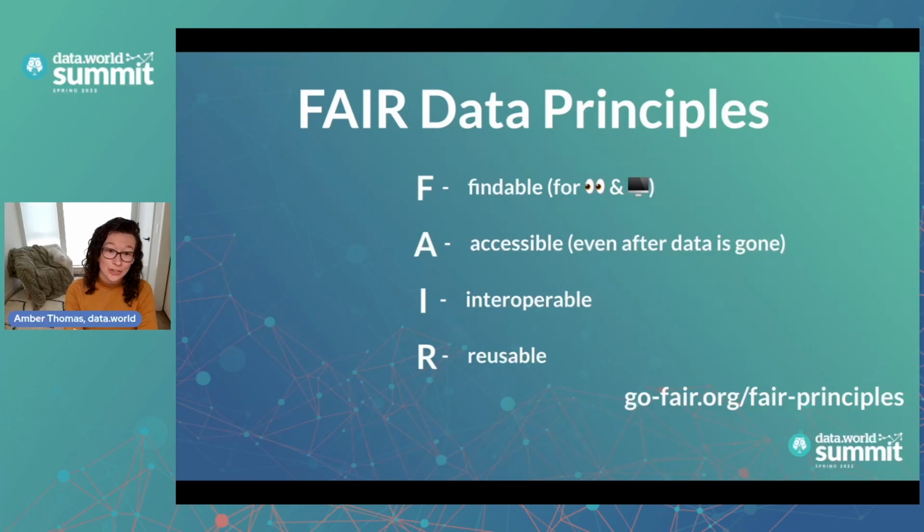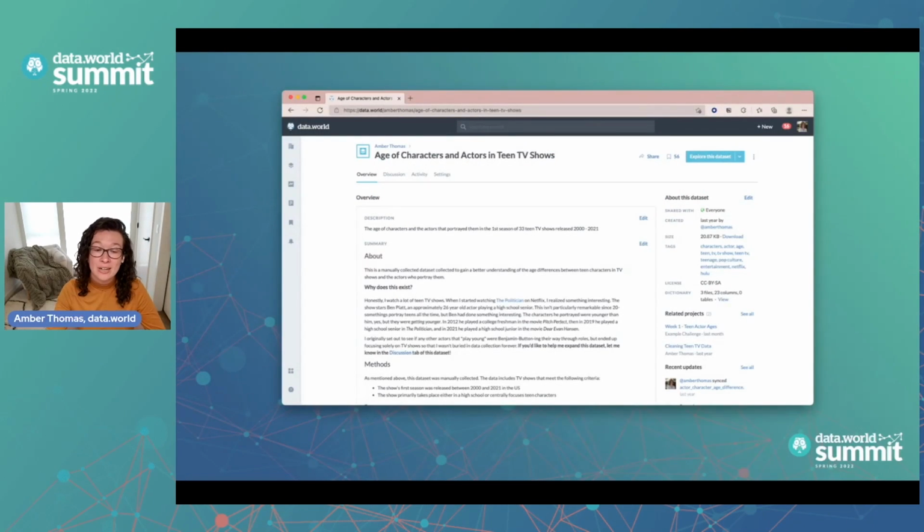Now, if you're interested in learning more about FAIR data principles, you can either go to the website on this slide or you can hang around because we are going to be talking about FAIR data principles in the next talk. But briefly, if you are interested in expanding your data and making it more open, Data.world has some things that would help with that. So here's an example of a data set on the Data.world platform.